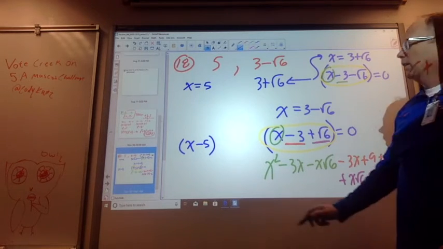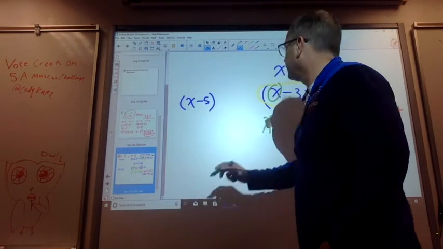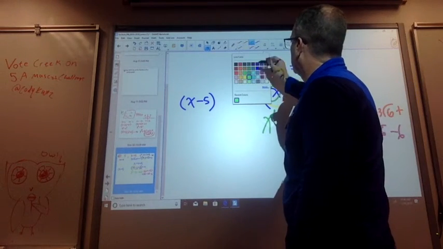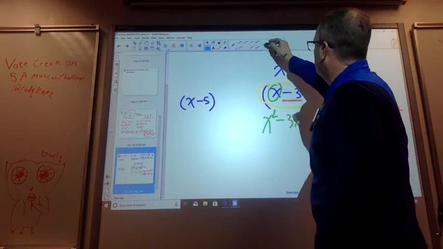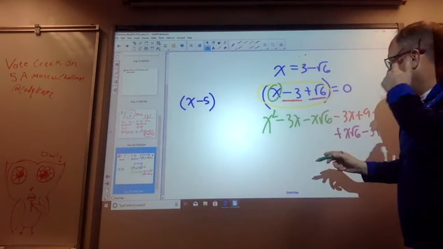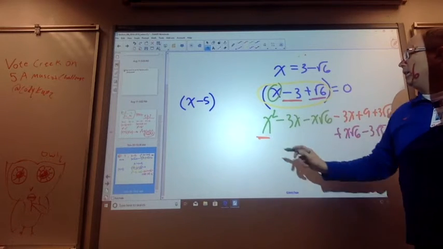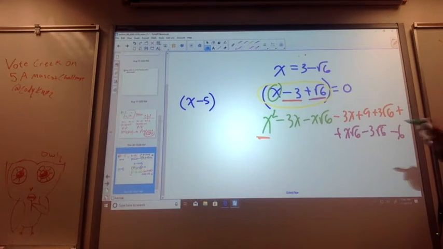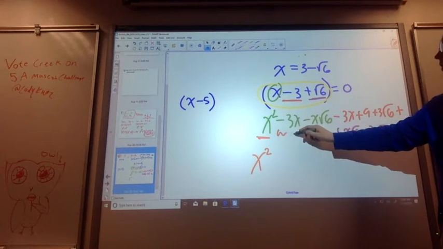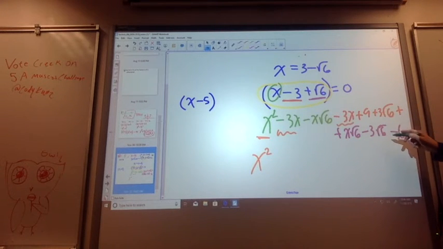Okay, let's see what kind of like terms I have here. All right, let's go with fancy yellow. Orange. All right. X squared. Any like terms with x squared? No. Negative 3x and negative 3x.